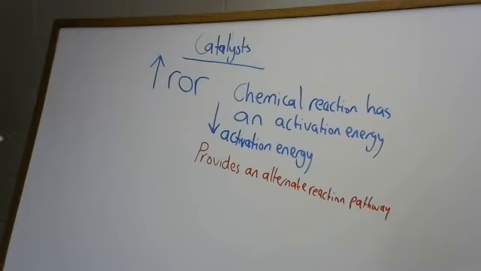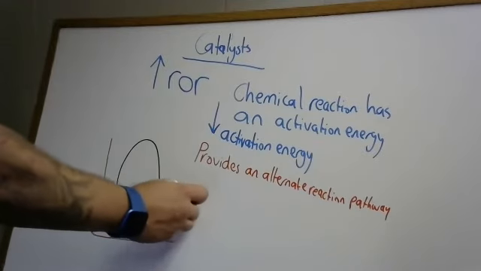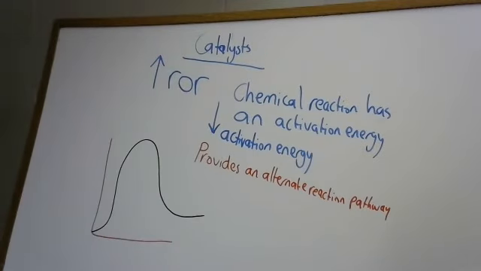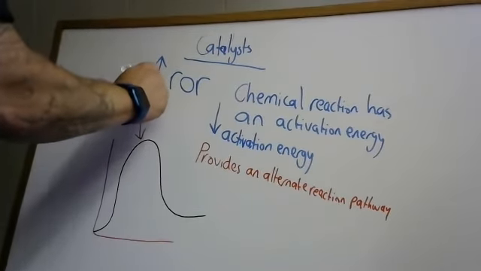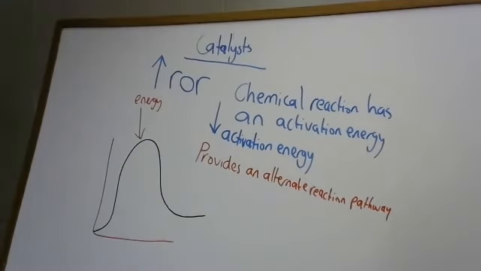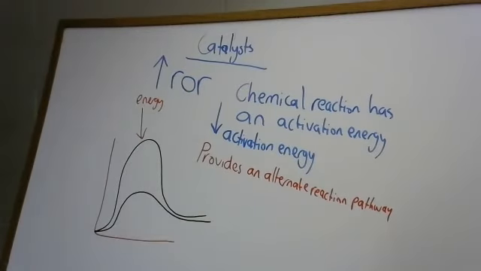So if we were to do a graph of rate of reaction over time, something like that, this is the energy required. We then have our catalyst, so the amount of energy required is significantly reduced. There's a few important things you need to know about this.